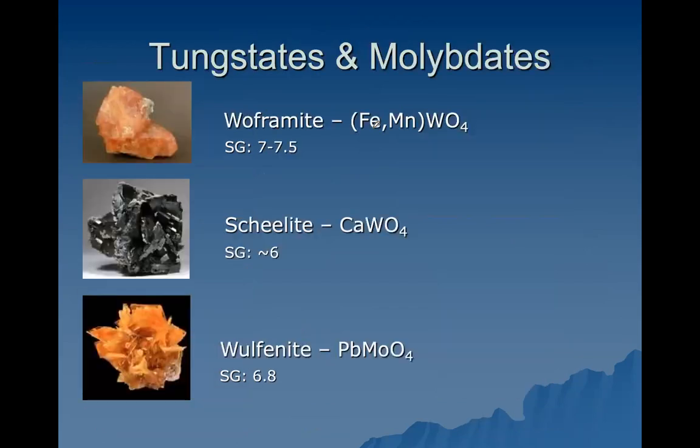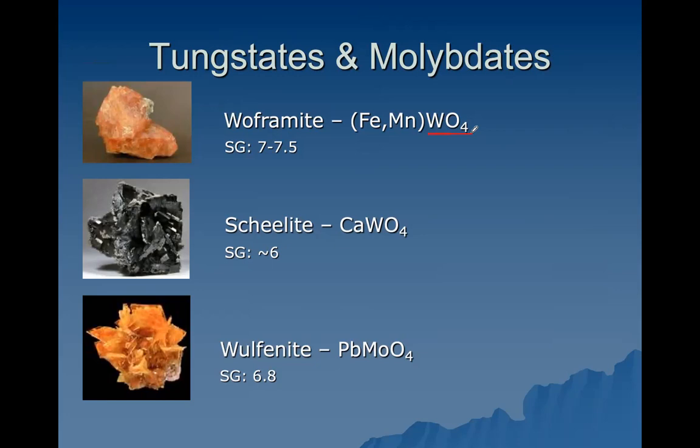Tungstates and molybdates, the other two types of groups. And wolframite, maybe you may have heard before. That's iron manganese tungstate. Tungsten is W, tungstate is this one, right? Wolframite, then scheelite, right? So these are very illuminating.